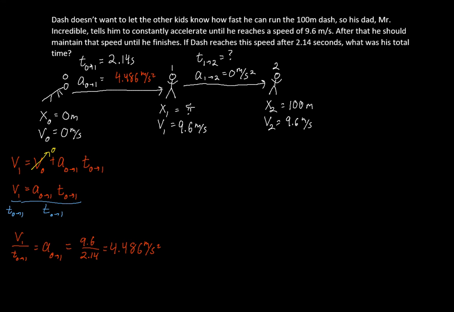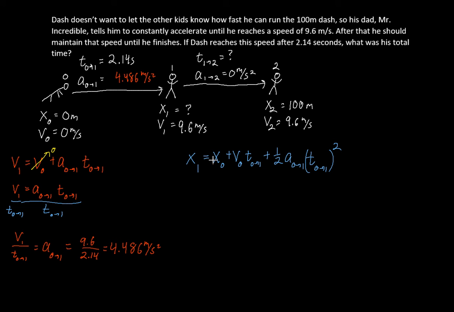So the next thing we need to look at is find that x1. The whole reason we found the acceleration was to find x1. So looking through our equations, we find out that the proper one to use is going to be x1 is equal to x0 plus v0 t from 0 to 1 plus 1/2 a from 0 to 1 t from 0 to 1 squared.